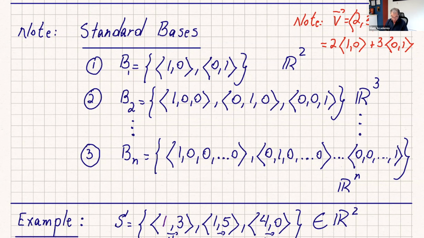It doesn't make any difference, or you can just say B. In R3, you have (1, 0, 0), (0, 1, 0), and (0, 0, 1), and so on. So these are all the standard bases, because any vector in those vector spaces can be written as a linear combination of the vectors in those bases.